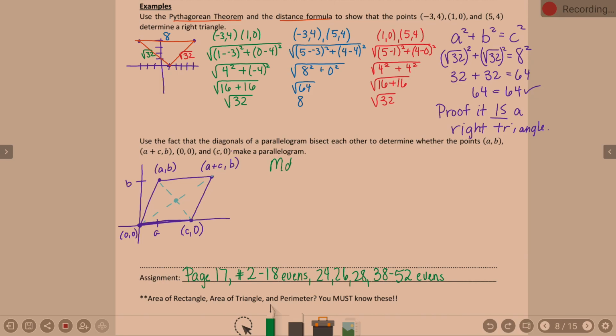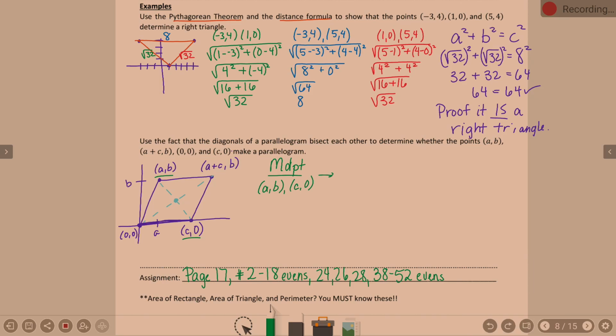We're going to do two midpoints. One midpoint uses the ordered pairs (a, b) and (c, 0). Do you remember your midpoint formula? (x1 plus x2) divided by 2, comma, (y1 plus y2) divided by 2.